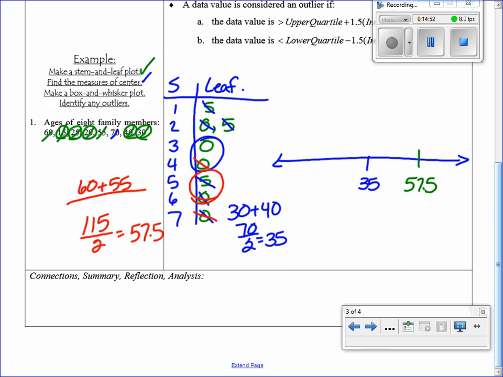My lower quartile, let's see, here's 30 and 15, and so I'm trying to find the median between 20 and 25. So 20 plus 25 is going to be 45. Divide that by 2. 45 divided by 2 is 22.5.